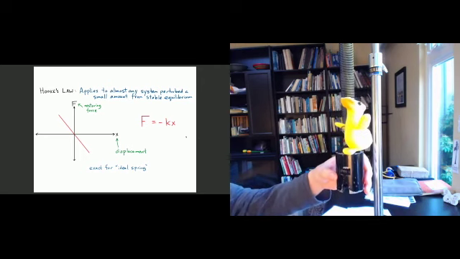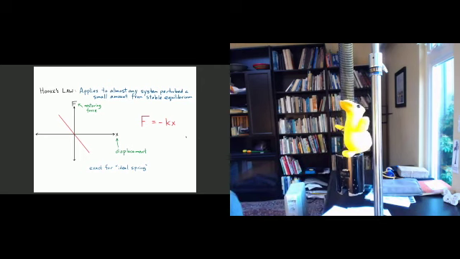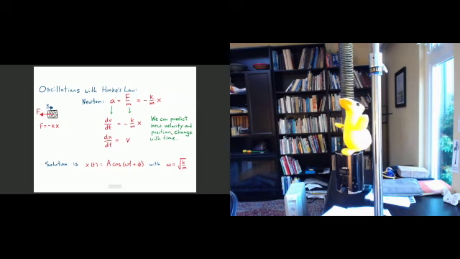For a realistic spring, or for other kinds of systems such as the piston in a cylinder of gas that we studied last time, this equation is going to hold as long as x is small enough away from the equilibrium position. So it turns out that when we have a force which is of this form, then we can actually use Newton's laws to predict precisely what the motion of our object is with respect to time.